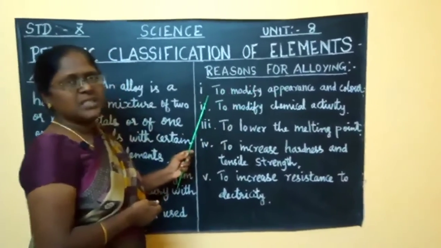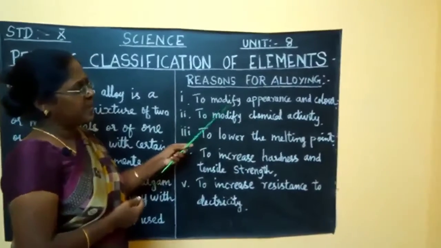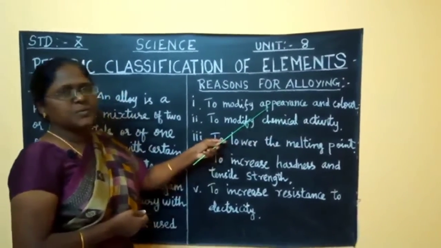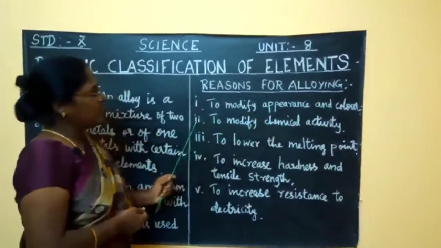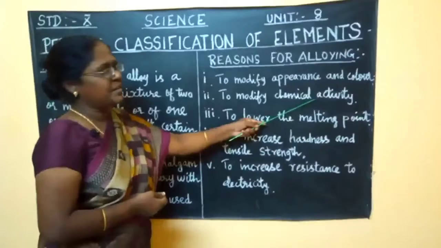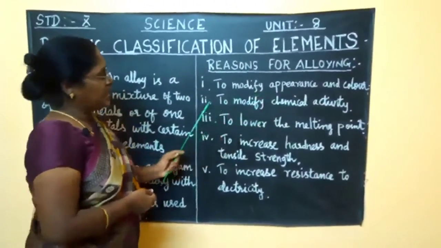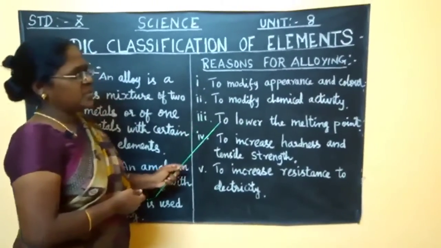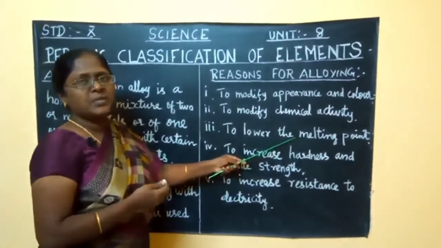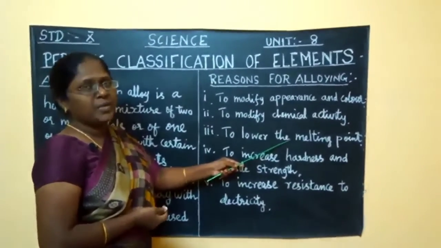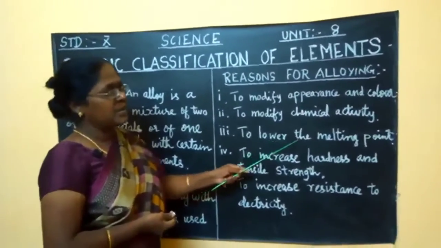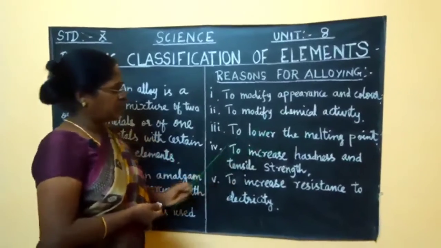So first reason is to modify appearance and color. Second reason is to modify chemical activity. Third one is to lower the melting point. Some metals are having high melting point. So when you combine, we can easily lower the melting point.